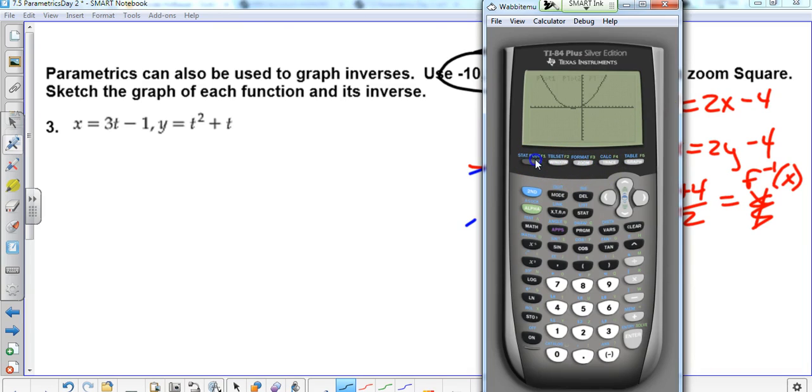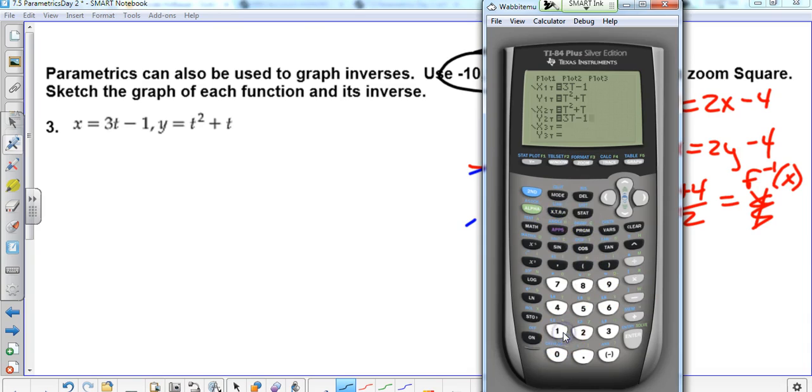Anybody think they know how we're going to graph the inverse? You got it. This is the easiest inverse you're ever going to have to do because all you have to do is switch the rules. The x rule is going to be t squared plus t. And the y rule is going to be 3t minus 1.